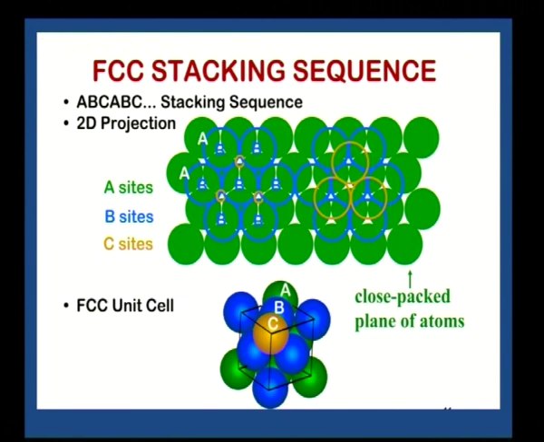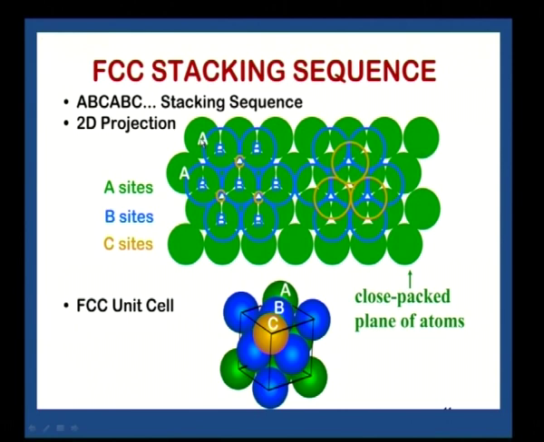You can go home and do this leisurely, forming the third layer that will be different from the first one and the second one. So the stacking sequence is A, B, C, then again you have the fourth layer corresponding to the first layer.